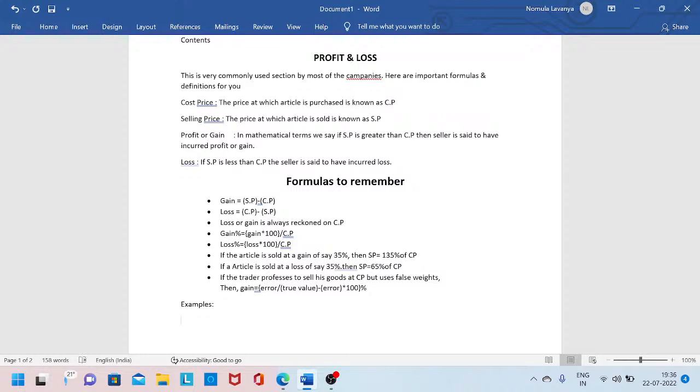So, tricky formulas. I just want to tell you before going to the class, I actually thought of saying the sum directly, but let us also see the tricky formulas so that you will know them very well.